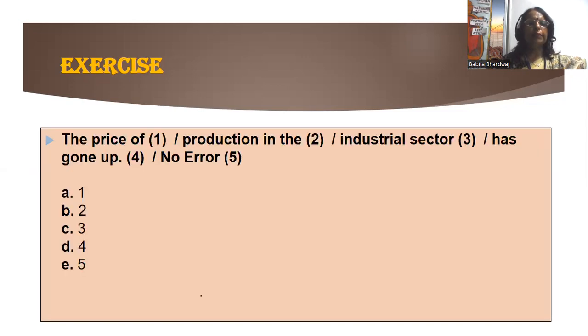Now coming to the next question: the price of production in the industrial sector has gone up. If we see the first part, the price of the production. When we talk about price, you must have seen, if you purchase any item, the price tag over there.